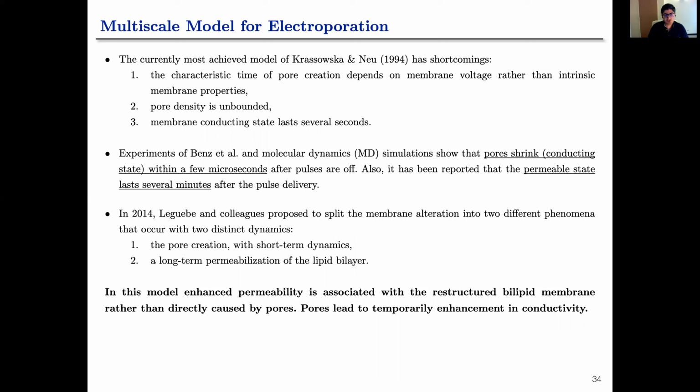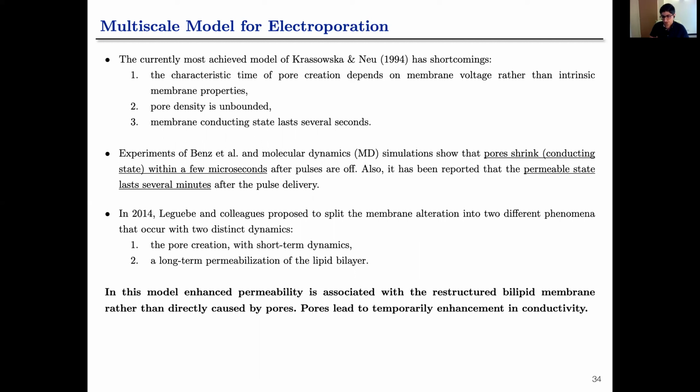But the experiments show that there are two time scales in electroporation. One of them is a few microseconds, which corresponds to pore creation and pore resealing, and that is associated with an enhancement of the conductivity of the environment. And there's a second time scale, which is about several minutes, and that is a more mechanical transport of the molecules, which is enhanced for that long, and that's increased permeability.